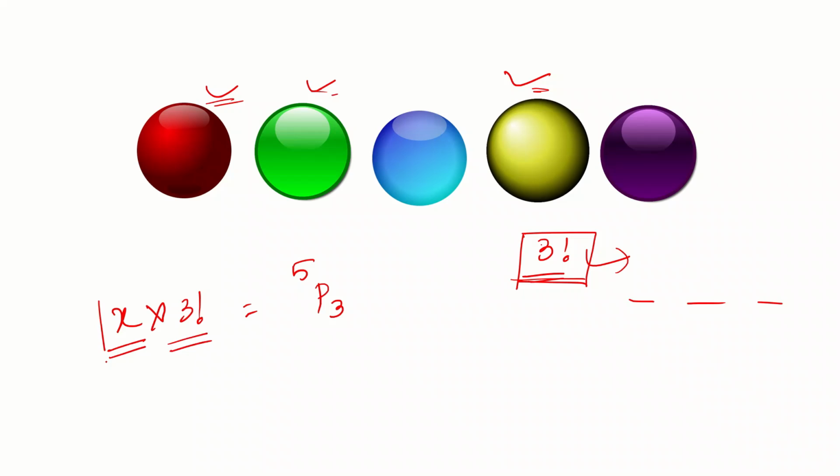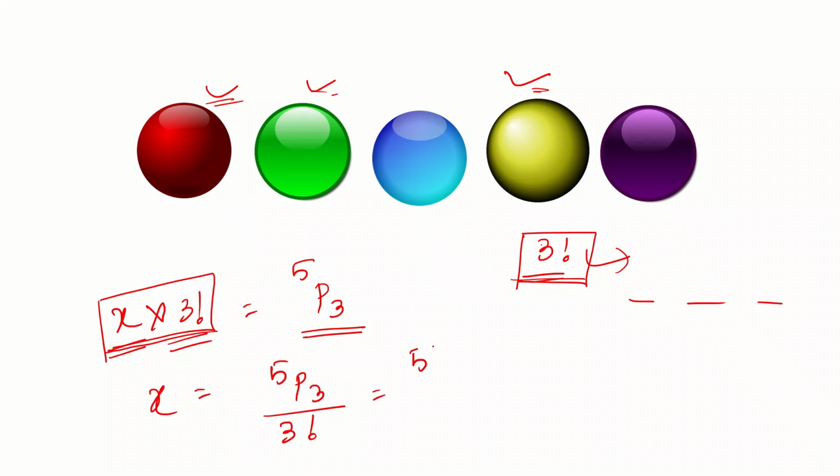So in all we can have these many arrangements for 3 balls taken out of these 5 balls, which is effectively 5p3. So x becomes 5p3 divided by 3 factorial, and this is what is known as 5c3. So the number of selections of 3 balls out of 5 balls is this, which is denoted as this.